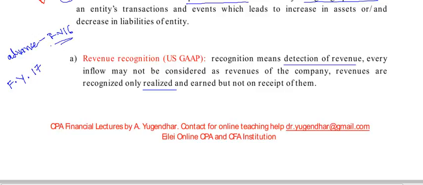So this is an inflow of cash, but it is not the revenue. The real revenue will be in financial year 17 because you are providing the goods in financial year 17. So they paid in advance, and that will not be acceptable. The amount received in advance is not the actual revenue and will not be recognized as revenue.